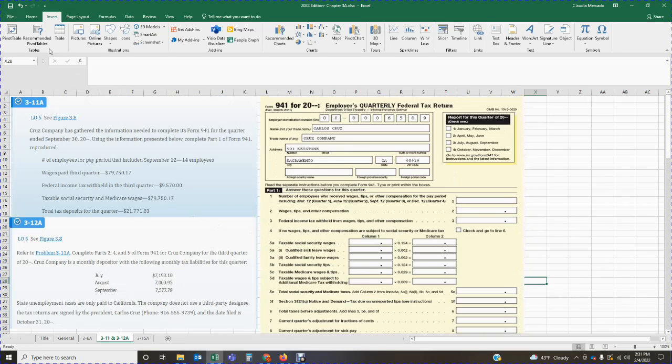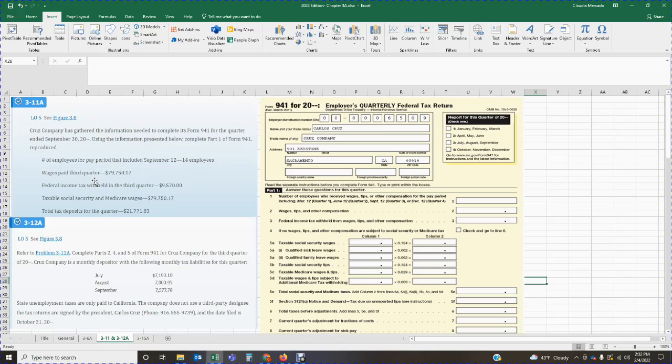Now, this is the information that we're being provided. It says Cruz Company has gathered the information needed to complete its Form 941 for the quarter ended September the 30th. Using the information presented below, complete part 1 of the Form 941 reproduced. The number of employees for the pay period including September the 12th is 14 employees.